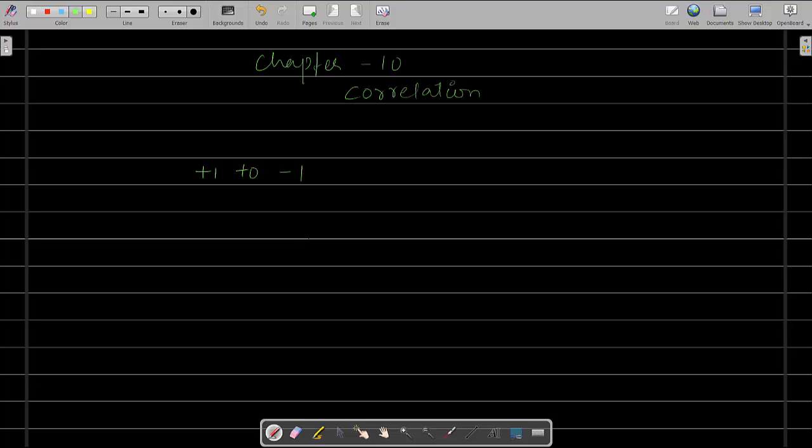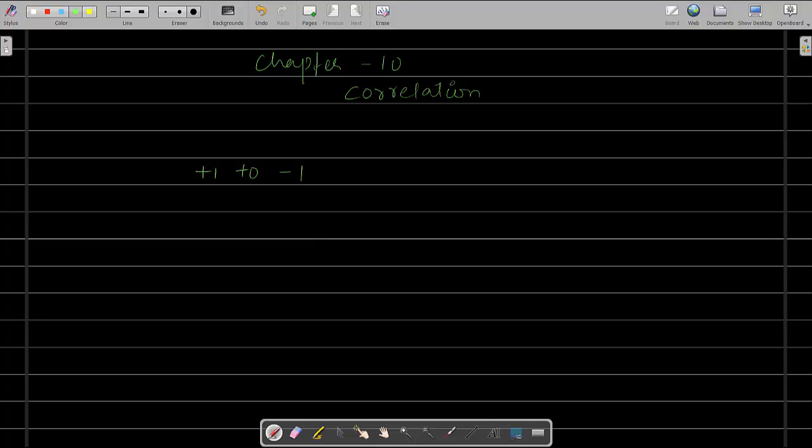So that way we can say it has a positive relation, or the other way, a negative relation. A positive relation refers to the same direction of change in the value of variables. In other words, if the value of x increases or decreases, the value of y increases or decreases respectively.